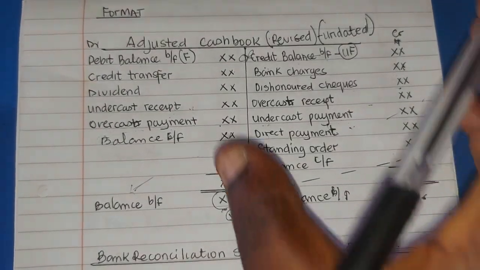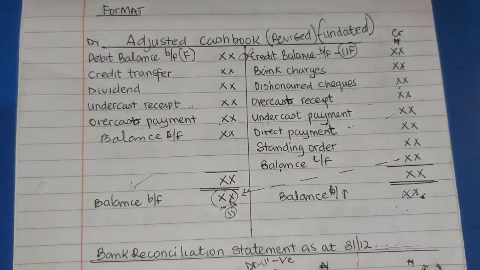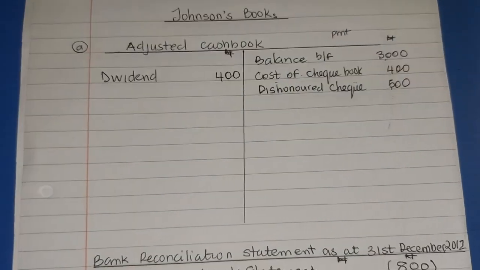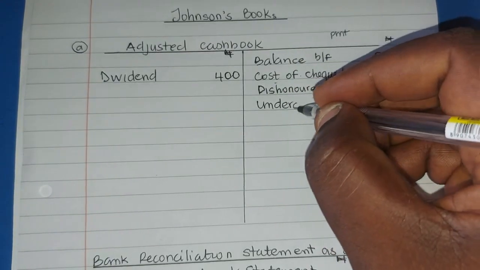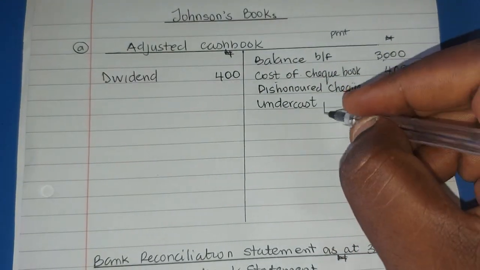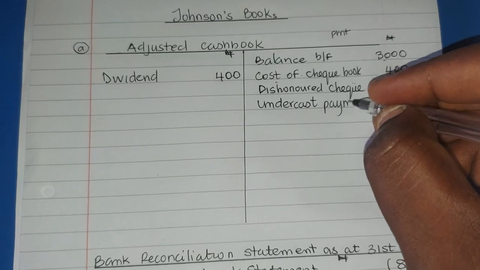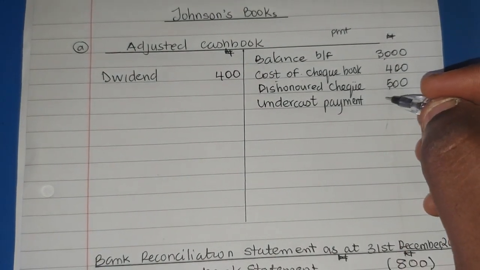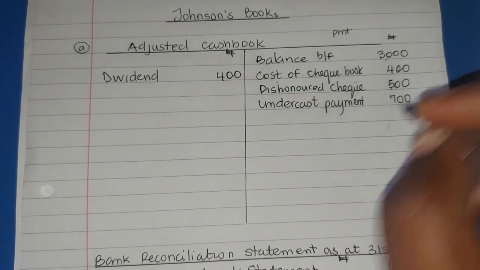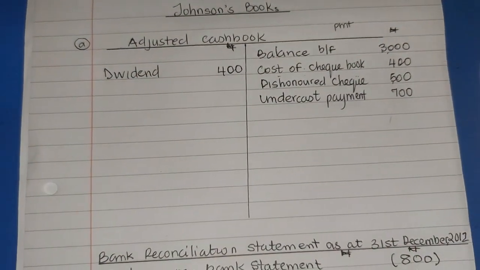So we have undercast payments, and that gives 700.